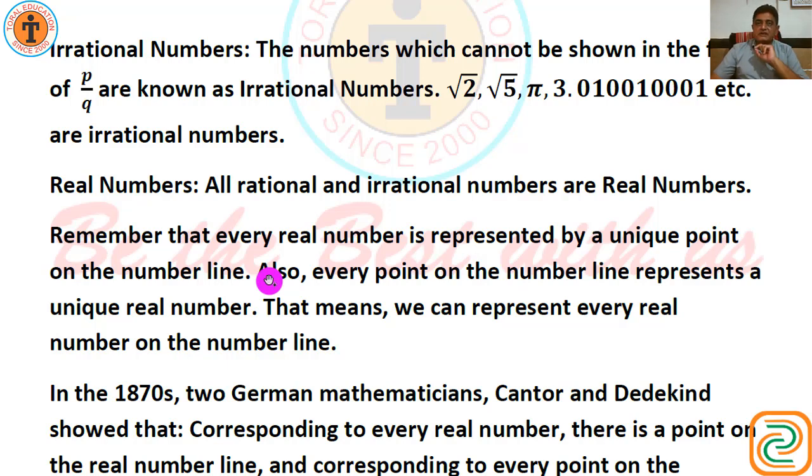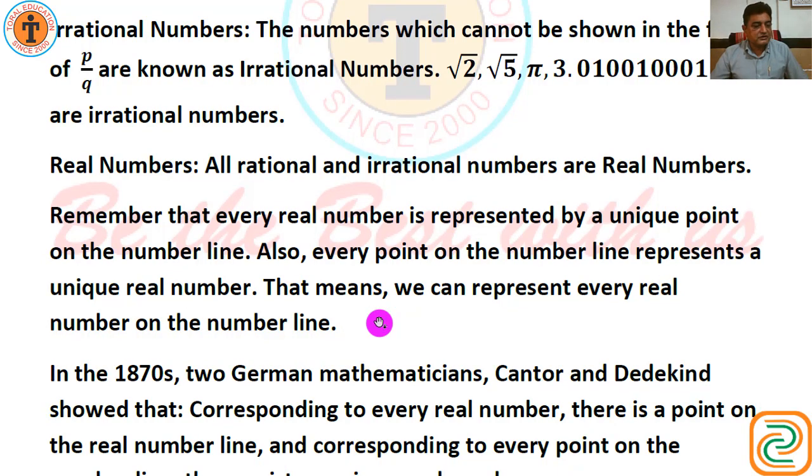We can draw a number line, and on this number line we can represent a unique point as a real number. Also, every point on the number line represents a unique real number. That means we can represent every real number on the number line.